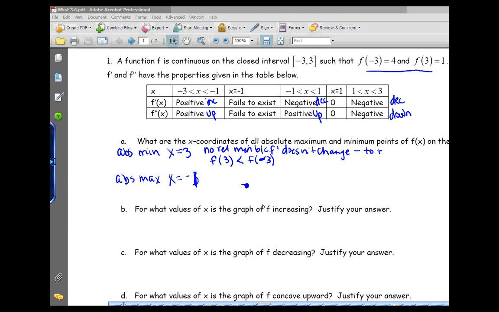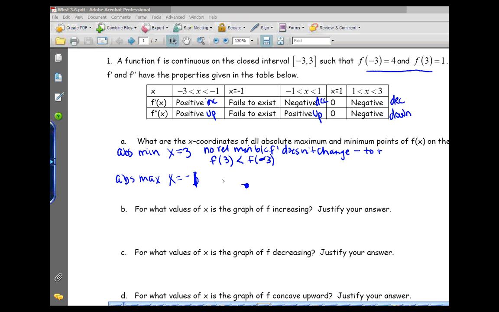Now, anytime you only have one relative extrema on an interval, if that relative extrema is a maximum, that's going to be the absolute max. And if it's a minimum, it's going to be the absolute minimum. So anytime there's only one relative extrema, you know that that's going to have to be an absolute. It's common sense when you start thinking about it.